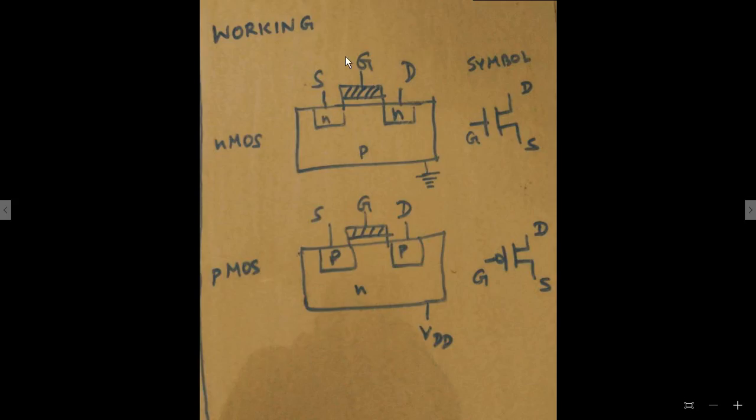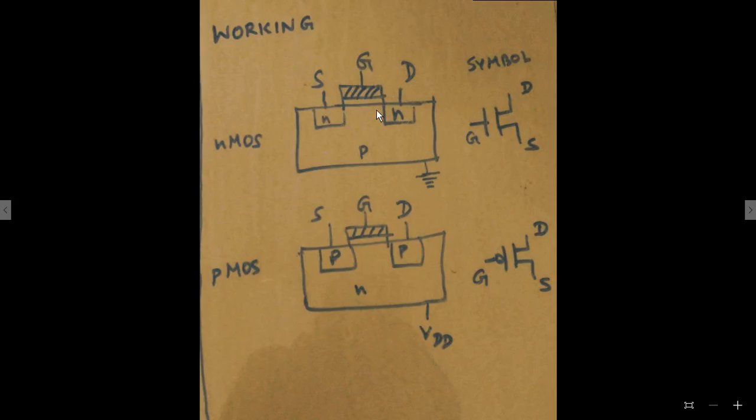So let's start again. When the gate voltage is low, here in this part electrons will be accumulated, because this is an insulator, this is a conductor, and again here there is a conductor. So here electrons will be there, which will result in holes in this part.